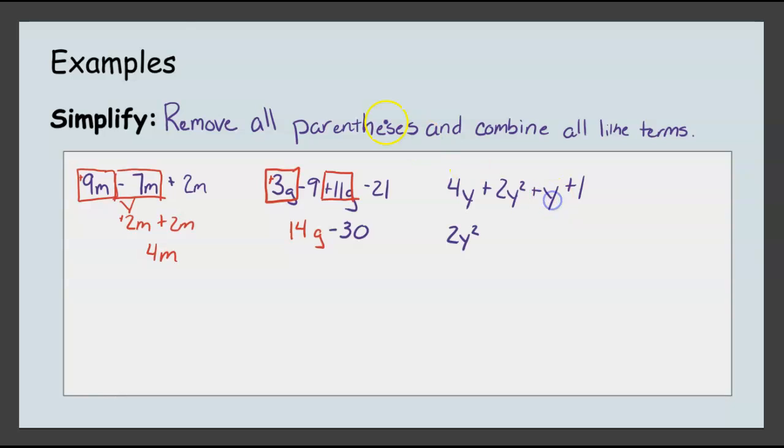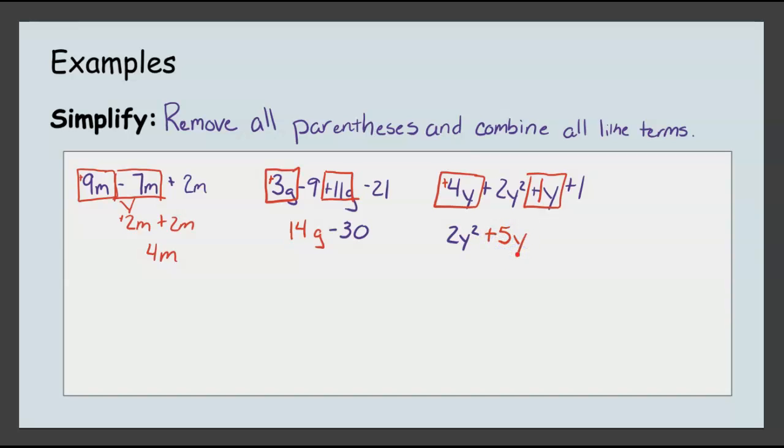Then I'm going to look at the y, and if you notice, I have more than one term. I have a 4y, and I have a positive y. I have to combine those two. So 4y, and it's positive because there's nothing in front of it, so it's a positive 4y, and then a y. And remember, when you just have a y, it's actually saying 1y. So 4y and 1y, both positive, will give me plus 5y.